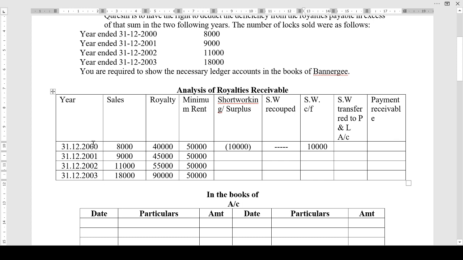Next 2 years. Short working of 2000 cannot be recouped in 2003. Only in the next 2 following years. That clear? So we don't need to transfer because we still have 2 years to recover it. And how much will be received from the lessee? Minimum rent is 50,000.